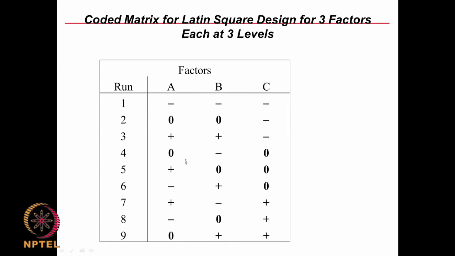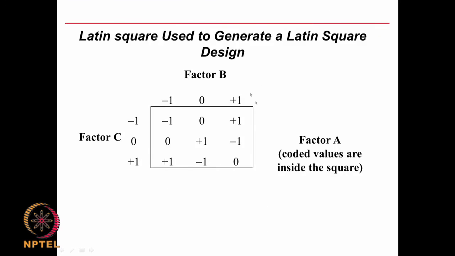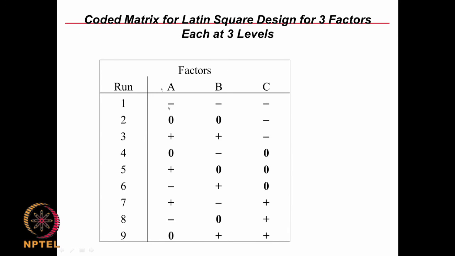So, it is very well balanced, as you can see here. Again for B we also have 3 times at negative, 3 times at 0, 3 times at plus. This is called the Latin square, and we are writing it down in matrix form. You do this experiment and you get the results.